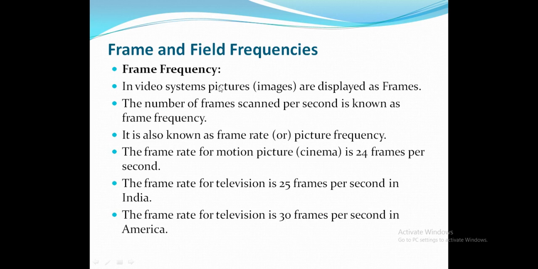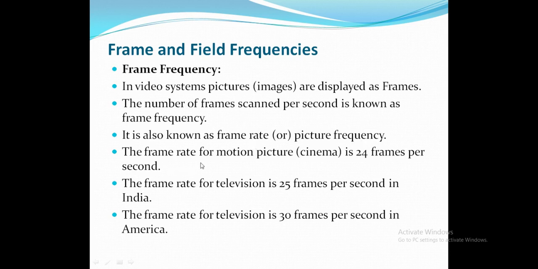Frame is nothing but one complete image in a video system. In each and every video system, pictures or images are displayed as frames. The number of frames scanned per second is known as the frame frequency, also called frame rate or picture rate.